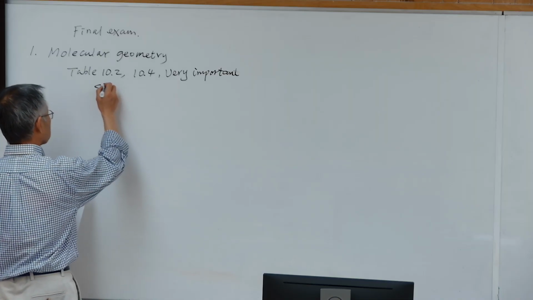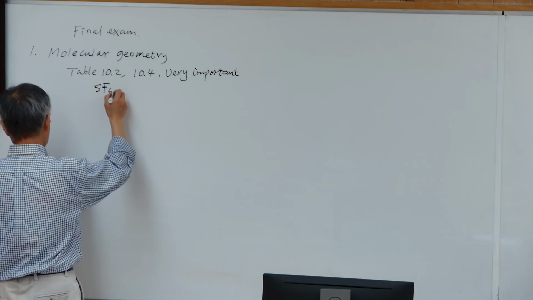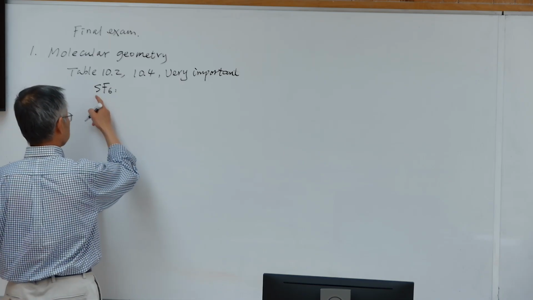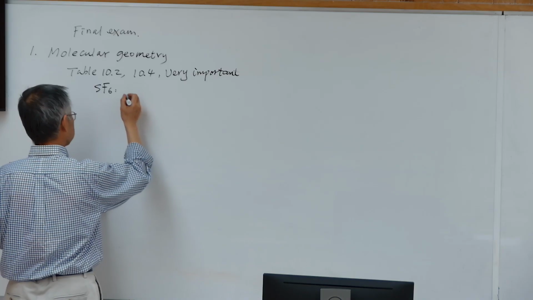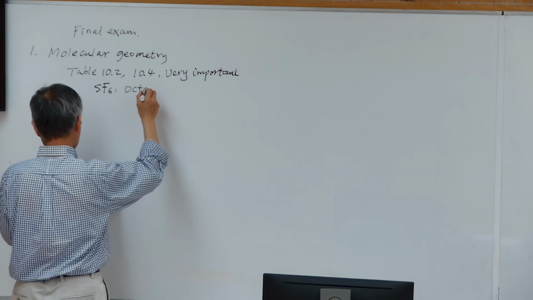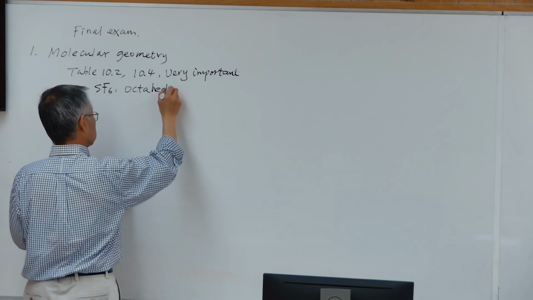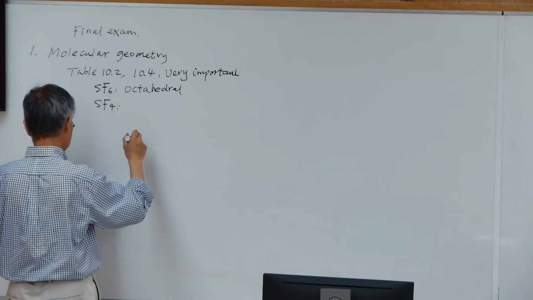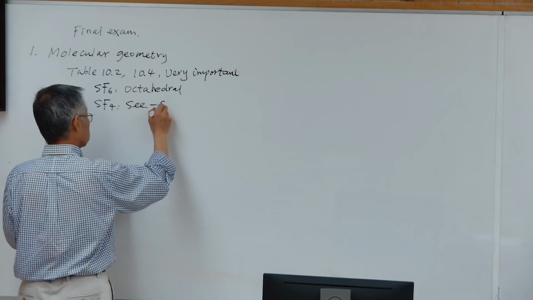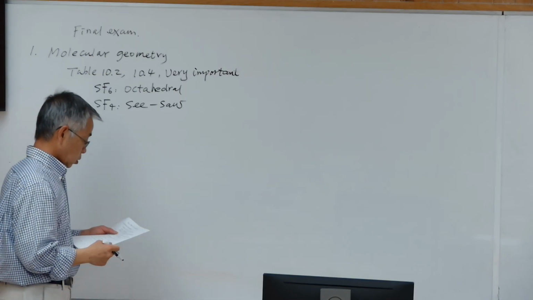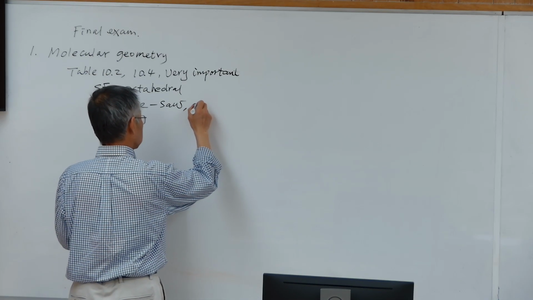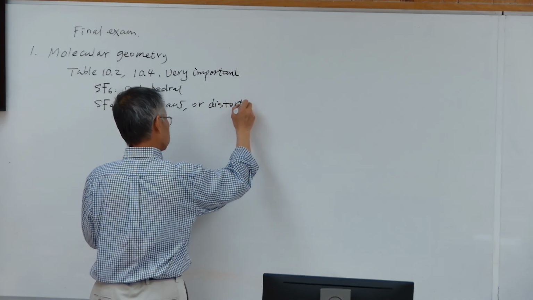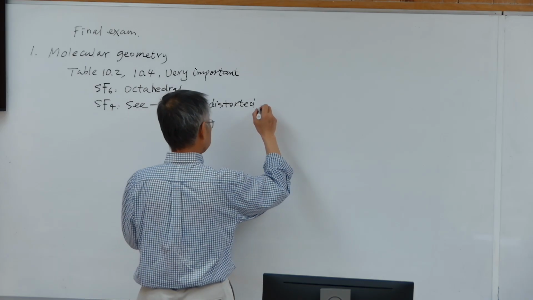For example, using the table, you can judge what the molecular geometry is. Sulfur hexafluoride is octahedral, and sulfur tetrafluoride is seesaw, also called distorted tetrahedral.